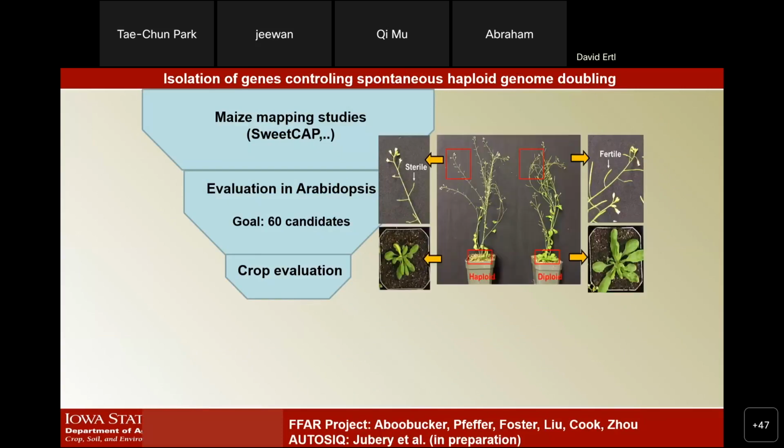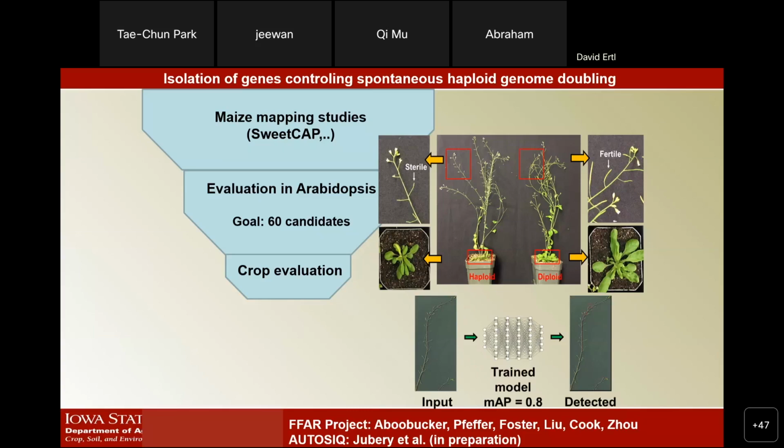We would then use the DH system in Arabidopsis thaliana, which has been established in 2010 by UC Davis, and combine it with the rich mutant collection to evaluate plants for haploid fertility in Arabidopsis, with the hope to identify genes that have an effect in Arabidopsis, that we could test subsequently in crops of interest like maize using mutants or transformation. And the idea was that perhaps there are conserved mechanisms like meiosis, mitosis involved, so that the species transfer across a wide range of relationship is possible.